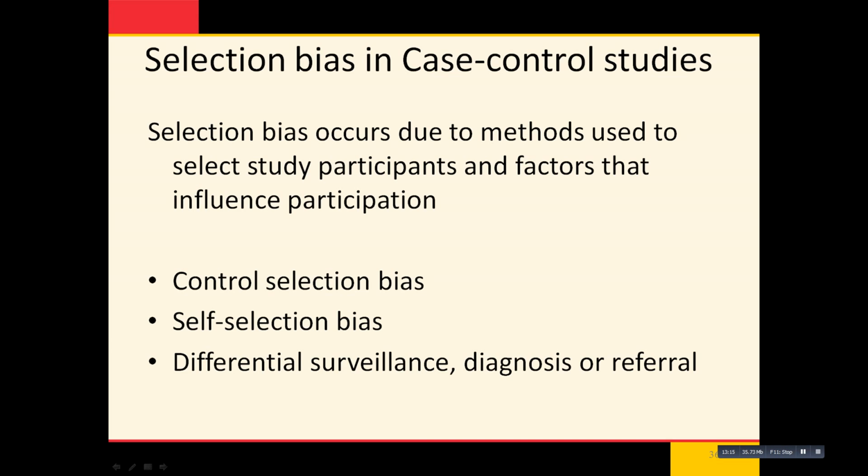Control selection bias occurs when the way that you selected the controls is different based on their exposure status. For example, let's say you have cases that have a disease and you are looking for controls who do not have the disease, and you get the controls from a physician's office.